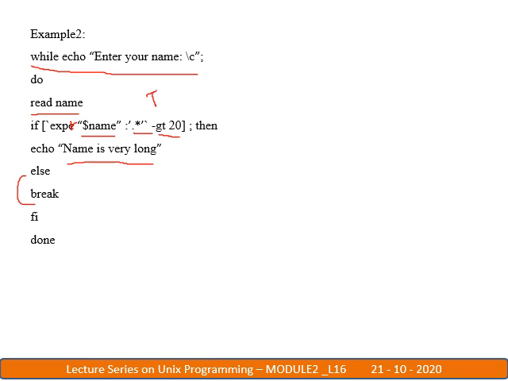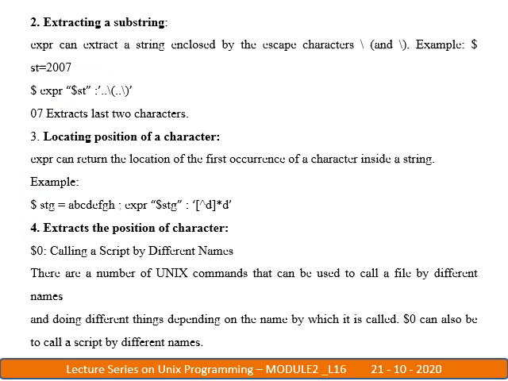Otherwise it is going to break out of that statement, end the if, and come out of the while loop. If it is less than 20, then that particular name's character value can be printed. So this is how we can use expr to find the length of the string.